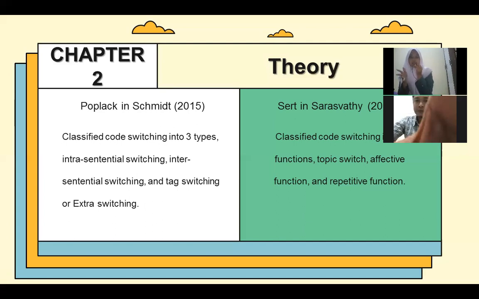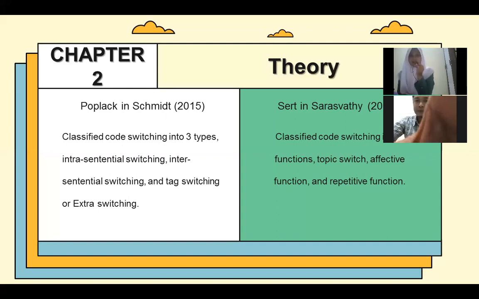For example, the sentence like "you have to know all. Kita lihat contohnya yang lebih simple like that." Meanwhile, in tag switching or extra code switching, a text from one language is inserted into a sentence otherwise in another language.